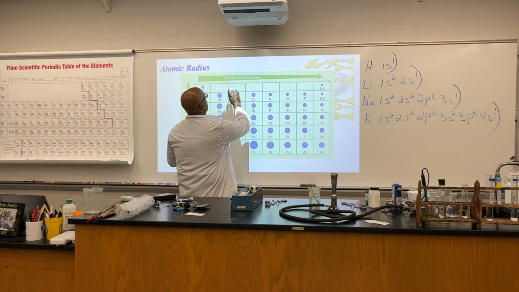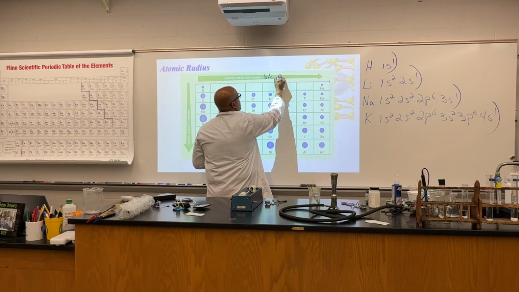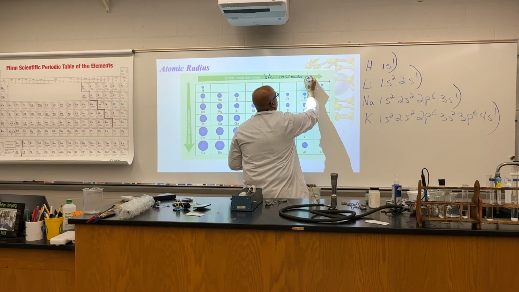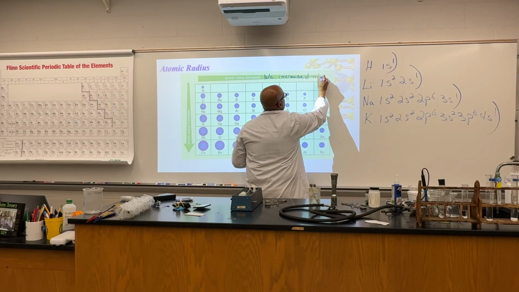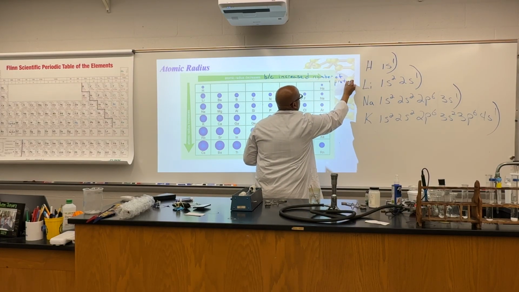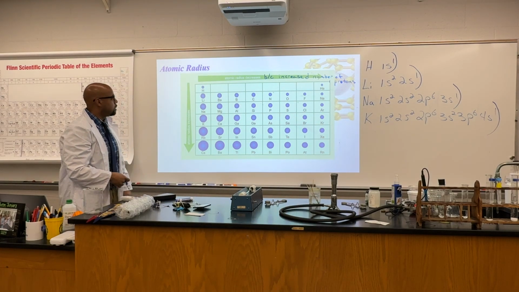So, right here, what do we do? Atomic radius decreases because of the increased number of protons. And of course, the protons are responsible for pulling the electrons in.